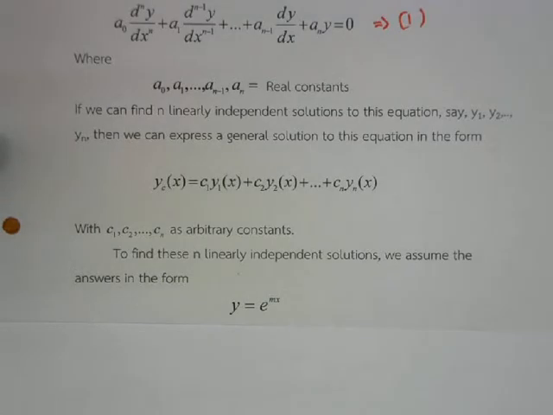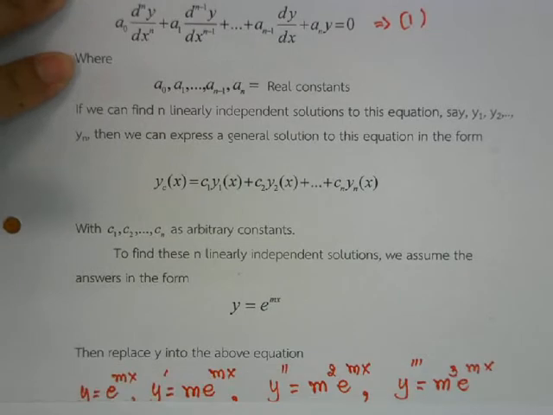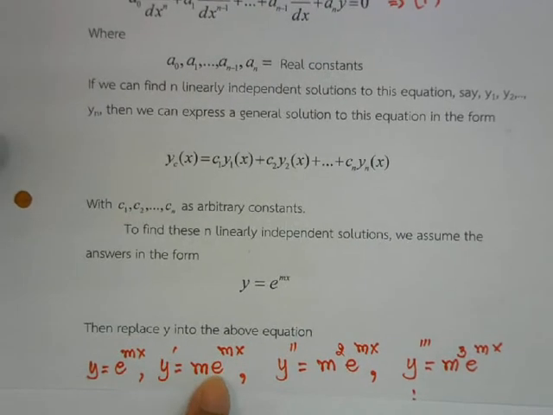So the first derivative of y is what? We assumed y is equal to exponential of mx, where m is just a constant, one number. So the first derivative is m times exponential of mx.